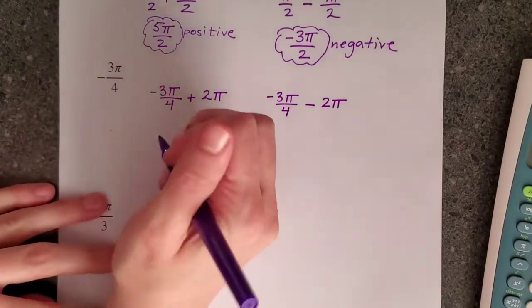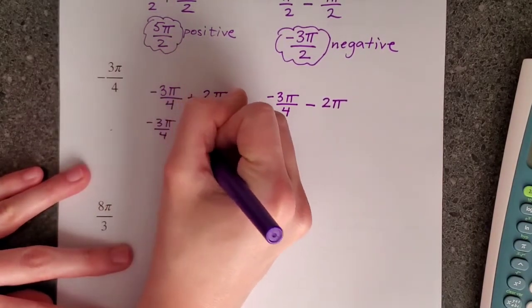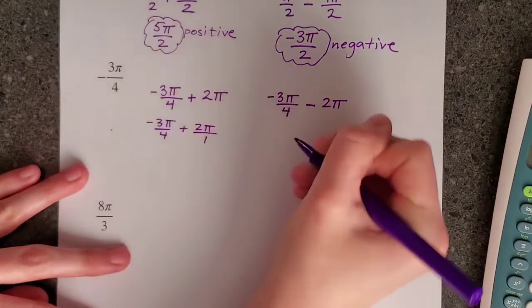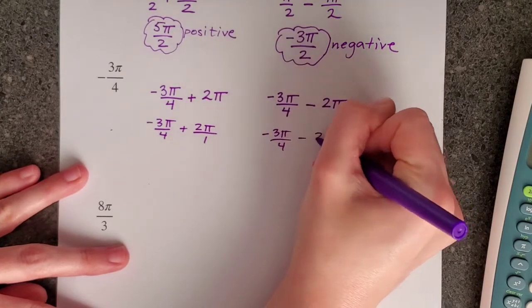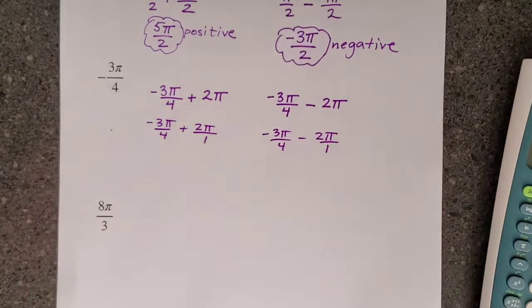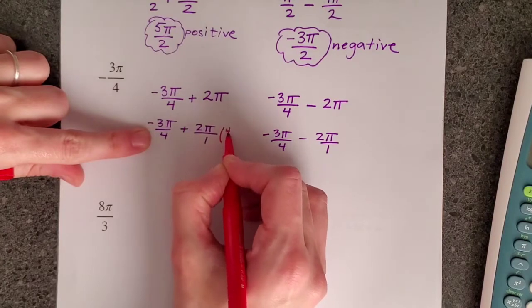But let's go ahead and make that 2 pi over 1. And then in order to add or subtract these, I need common denominators. So I need these to be denominators of 4.